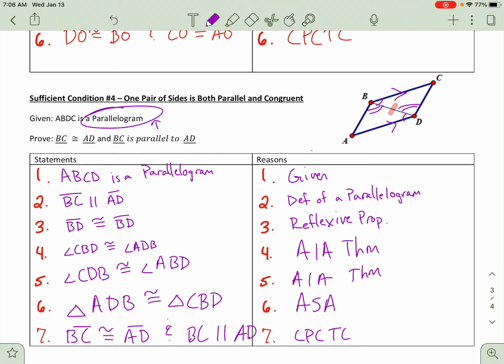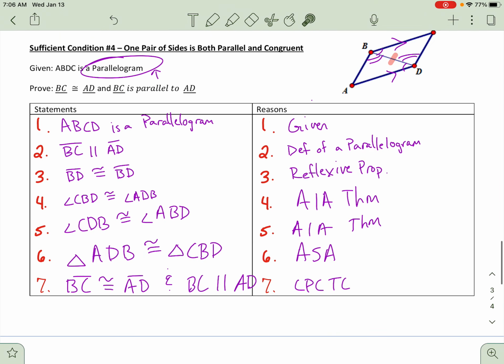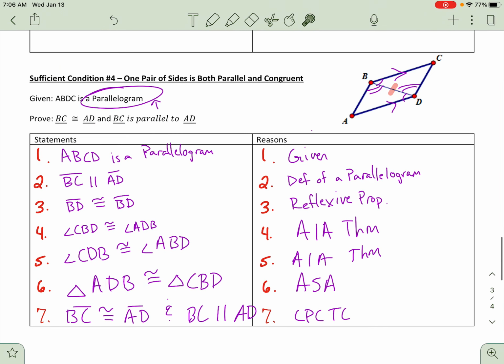And this is by angle, side, angle. Again, order matters. Order matters. So notice ADB. So no marks, 1 mark, 2 marks. Okay, and then CBD. No marks, 1 mark, 2 marks. So go in the same order. It has to correlate with the correct sides and correct components, okay?